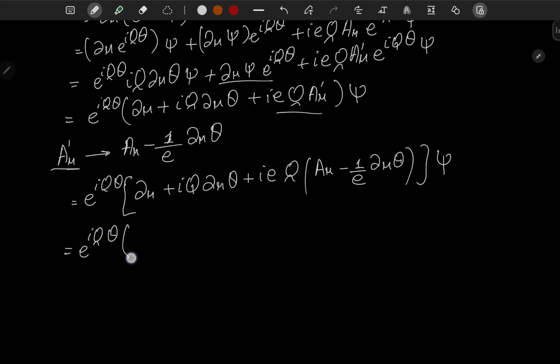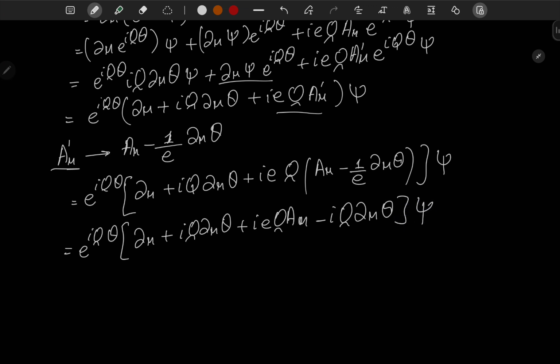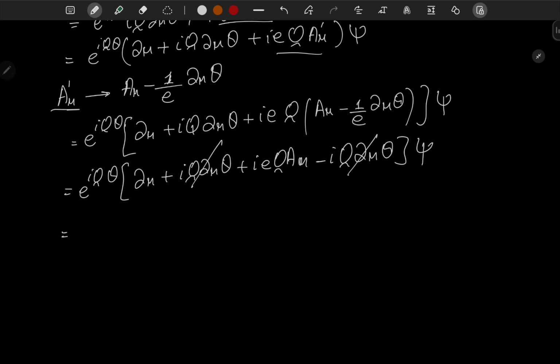Here some terms cancel out: the e's cancel and it will be q d mu theta, all acting on psi. So this term and this term cancel out, and eventually we get e to the iota q theta times d mu plus i e q a mu acting on psi.